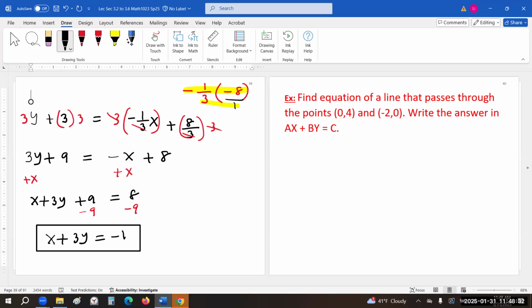Do you guys remember what's the format for x-intercept? So the x-intercept point, it has x number, but y is 0. What's the format for y-intercept? X is 0, but y is a number.